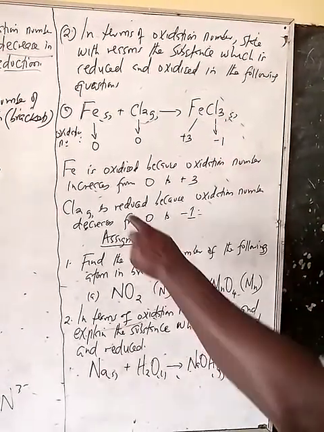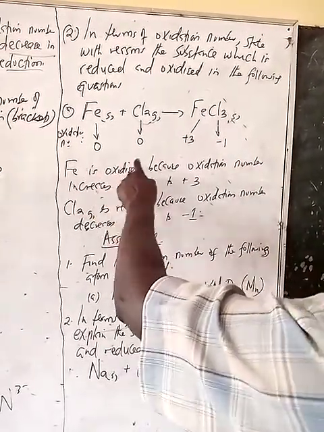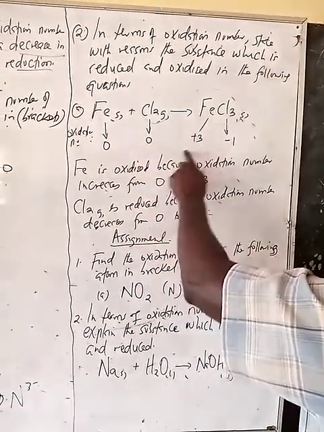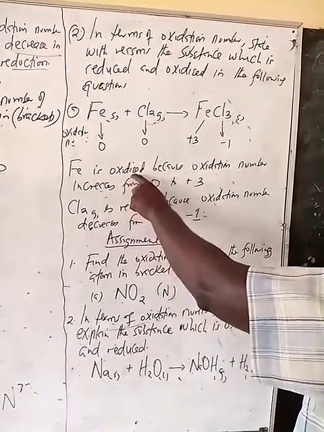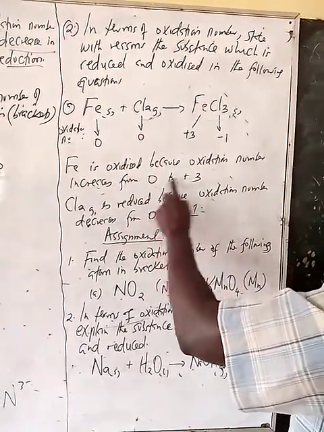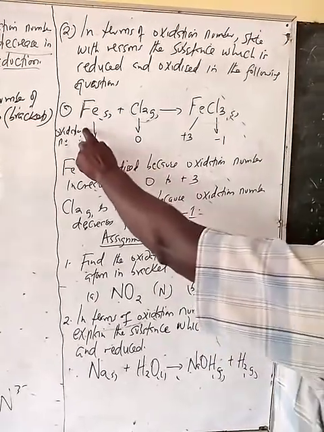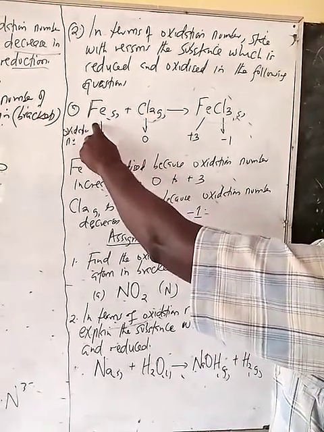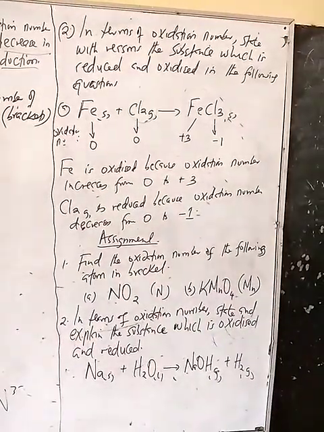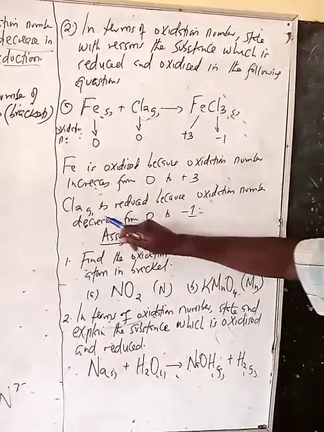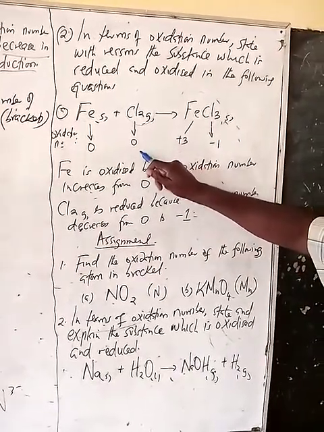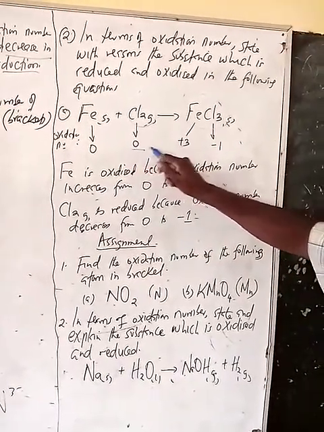So because the oxidation number of iron is increasing from 0 to positive 3, it means that iron is oxidized, because the oxidation number increases from 0 to positive 3. It means that this iron, since it's oxidized, is a reducing agent. Chlorine, if you look at chlorine, the oxidation number reduces from 0 to negative 1.